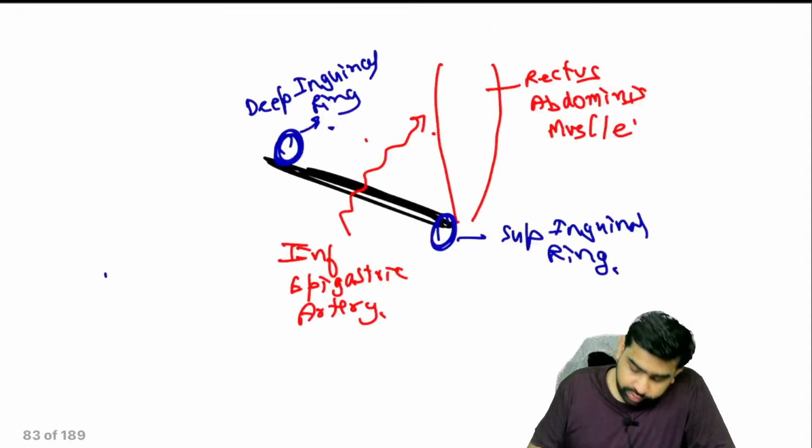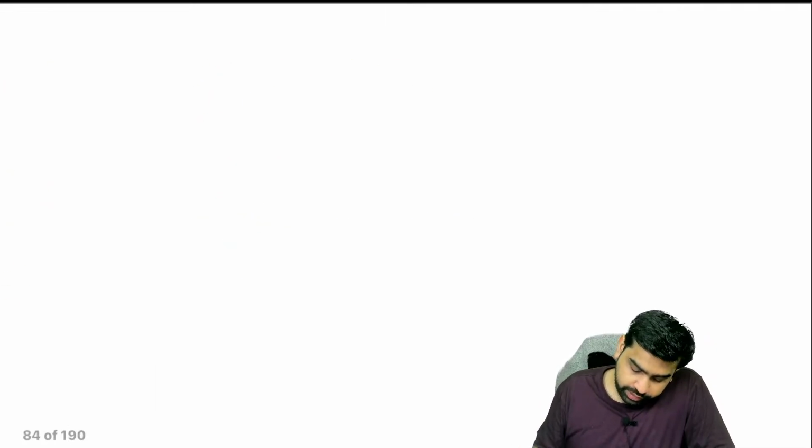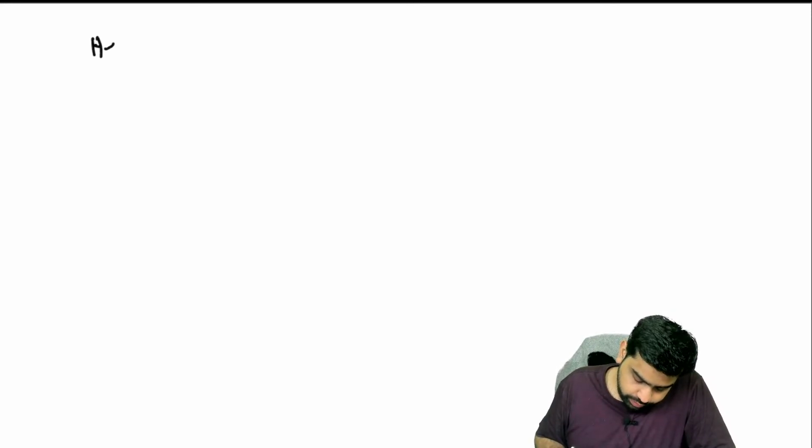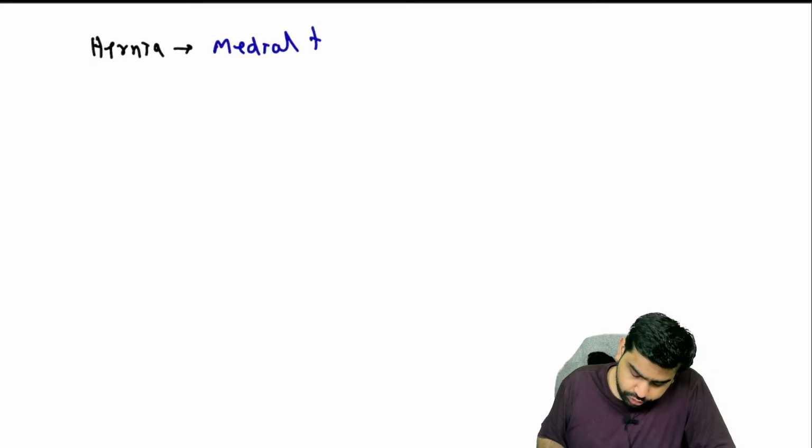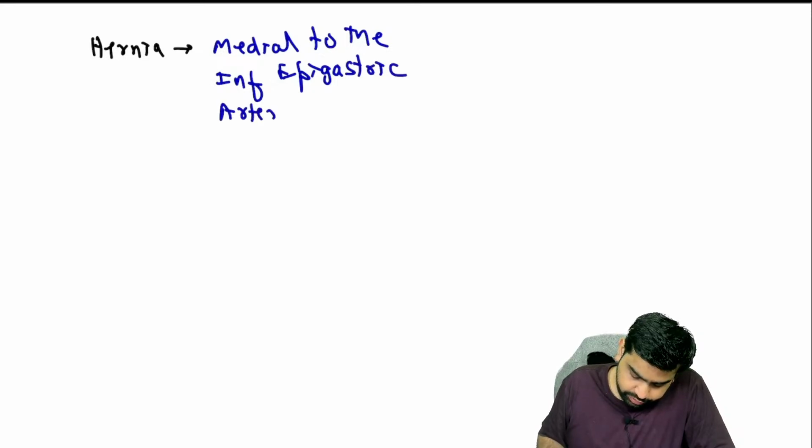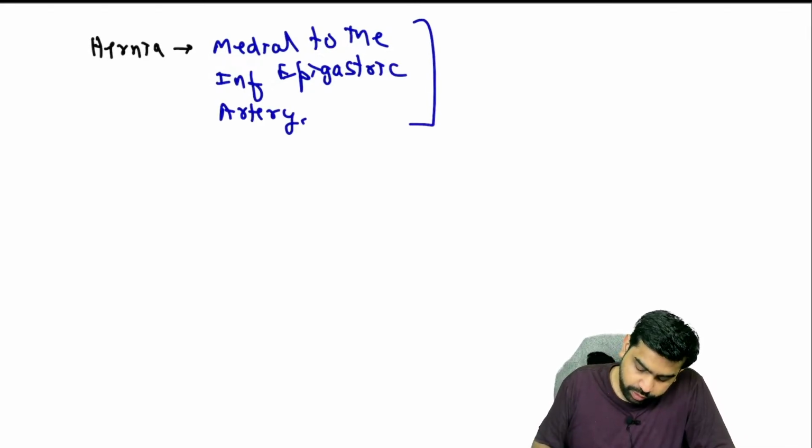Now what you need to understand over here is that if there is a hernia which is coming medial to the inferior epigastric artery, this is what is referred to as your direct inguinal hernia.